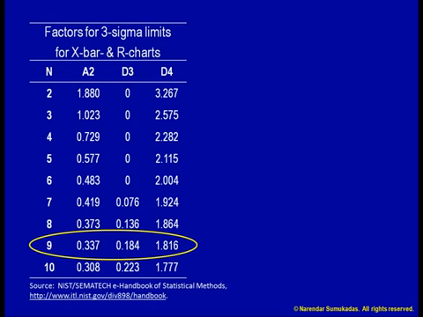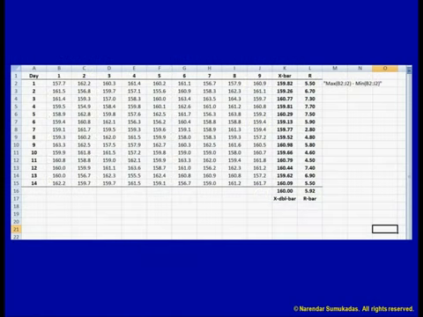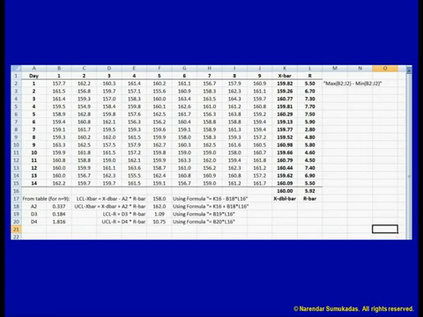Using these values, I can calculate my control limits using the formulas shown. In these formulas, I just substitute the values of X double bar and R bar, which I have calculated, and A2, D3, and D4, which I got from the table. Going back to my Excel spreadsheet, here are the values from the table. I then calculate the control limits for the X bar and the R charts.